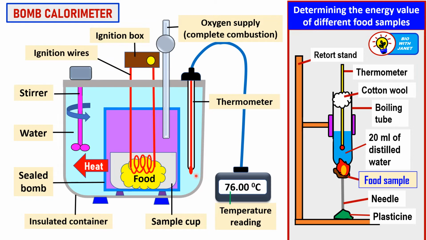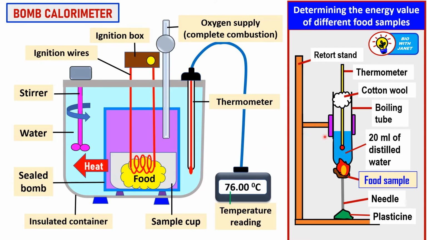The initial temperature is the temperature of the water before burning the food, and the final temperature must be the highest temperature that is recorded when the food is burning and at the end of the combustion of the food. So from there, calculations are done to find out the energy value of the food.